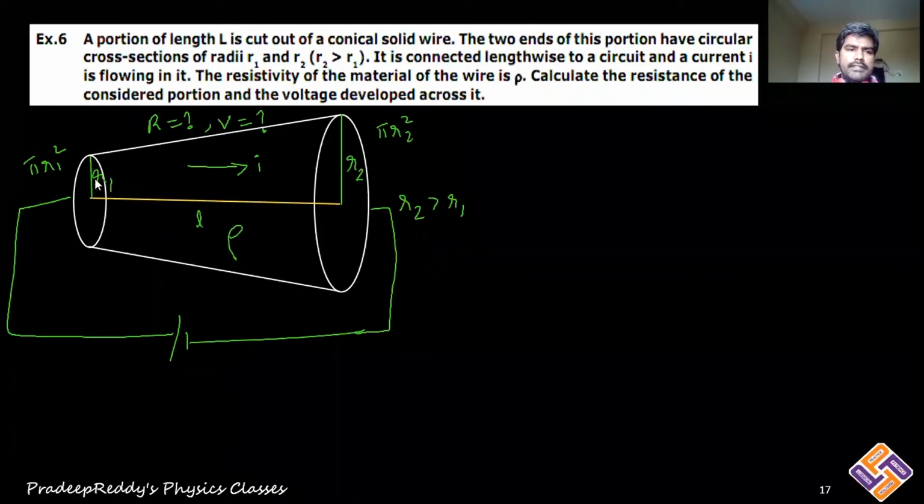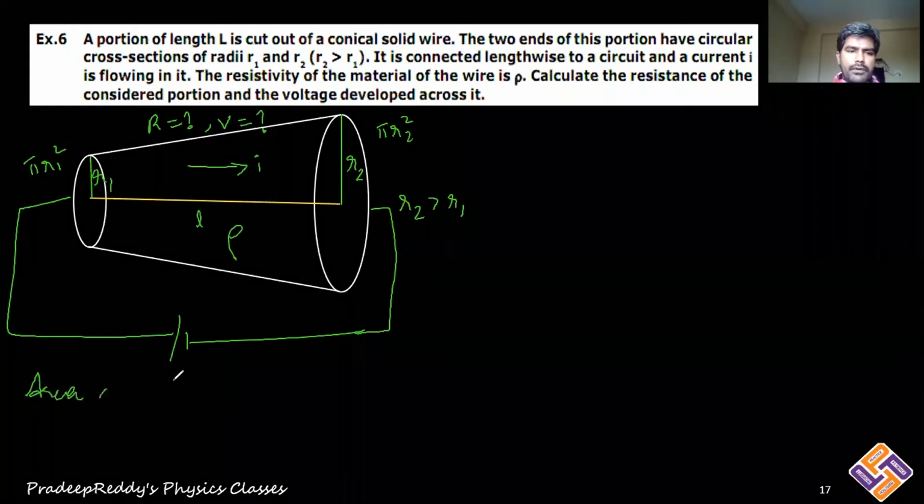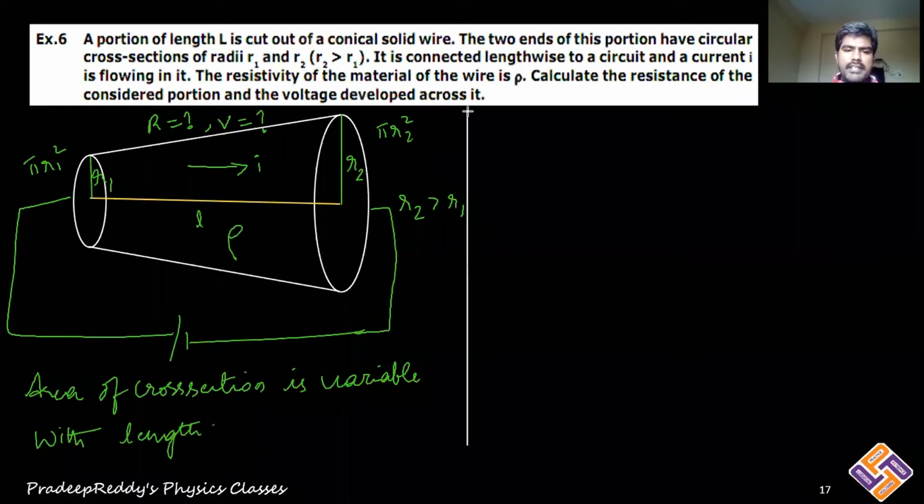Area of cross section at the left portion is less. Area of cross section at the right portion is greater. So therefore, here area of cross section is variable with position or with length. Whenever area of cross section is variable, directly we cannot use the basic formula.